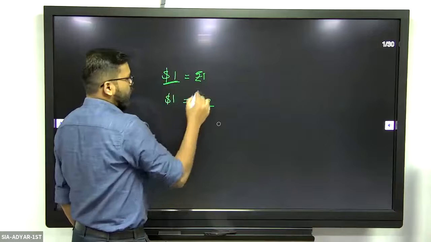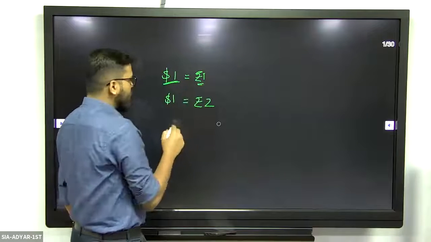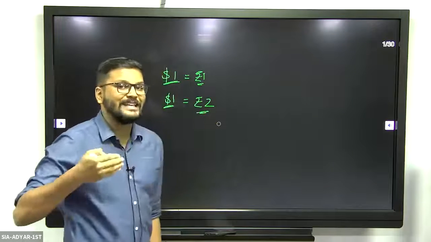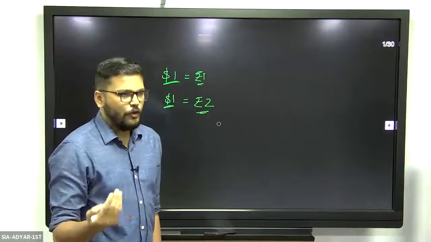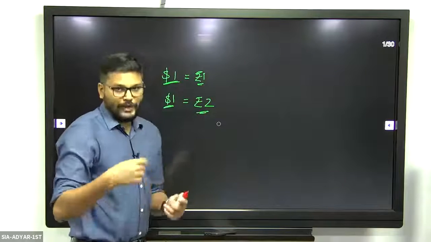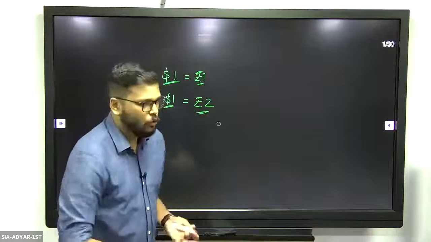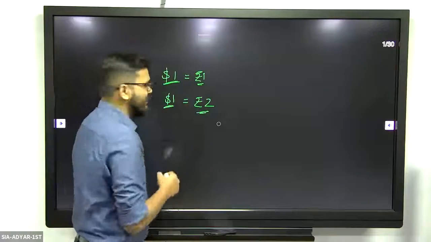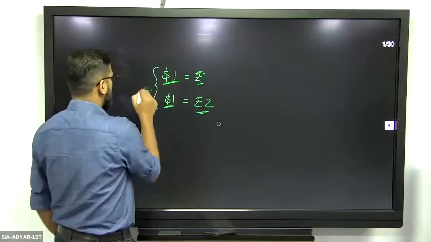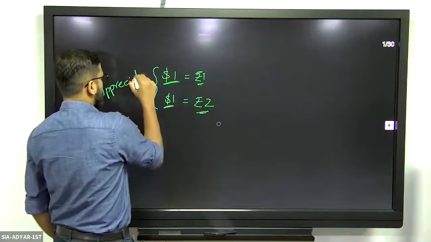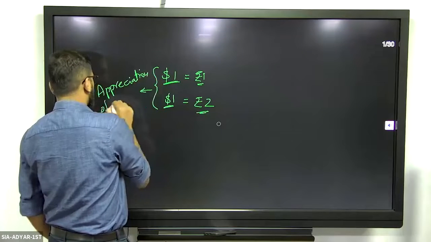The dollar, whose value was only 1 rupee, now has a value of 2 rupees, which means the value of the dollar has increased. To get a dollar, you first had to pay 1 rupee. Now to get a dollar, you have to pay 2 rupees. This process, we'll call appreciation of dollar.